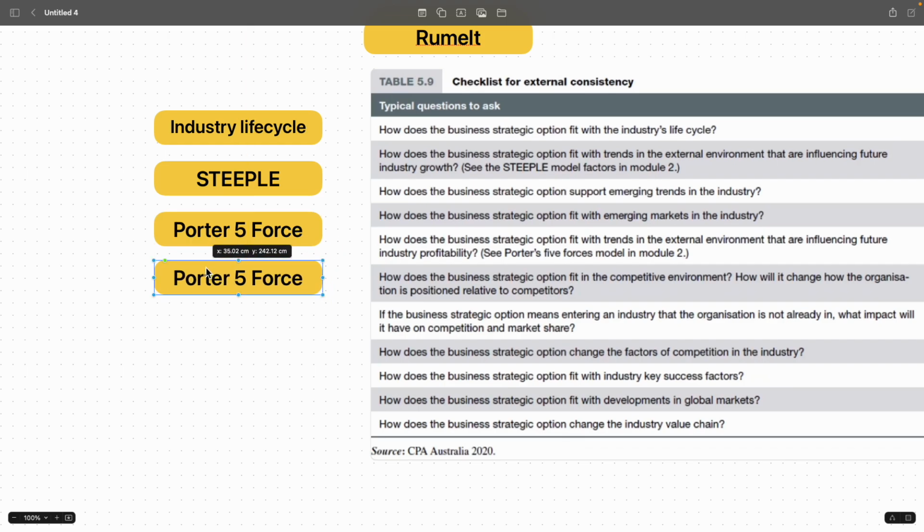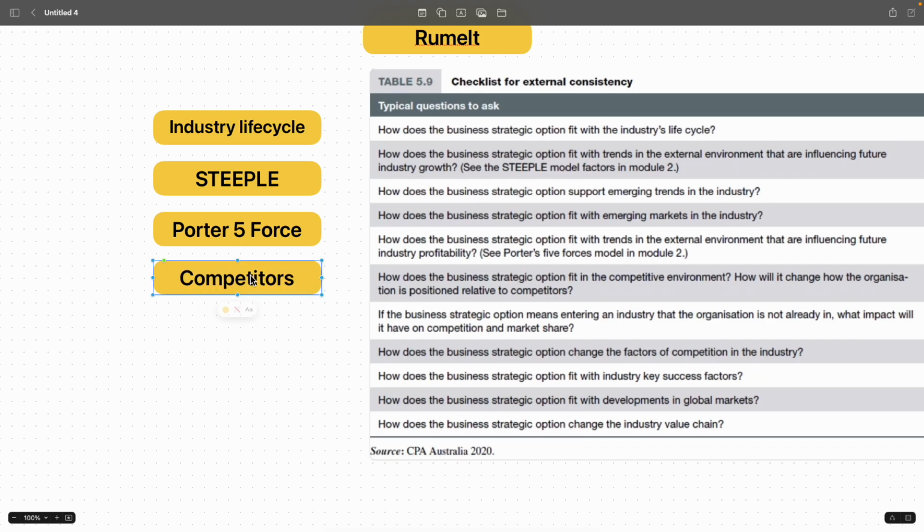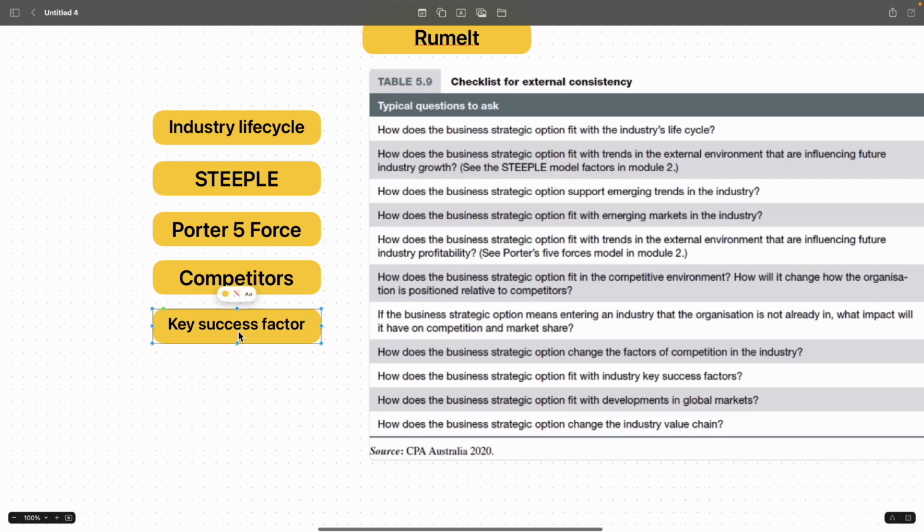Then they ask you to compare consistency with the competitor analysis. Those are the things you are looking into as the main ideas to compare against. Got it? Do you fit with all of this?